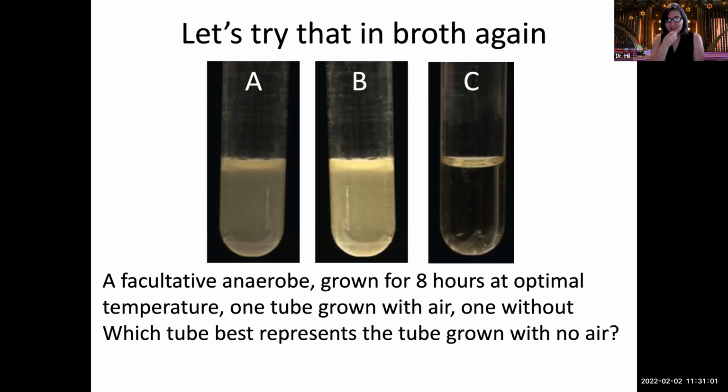Put your answer into the chat. Great. A lot of you are picking A, which is the right answer. If you are able to explain why you think so, you don't have to be right, but tell me what your reasoning was. Raise your hand.